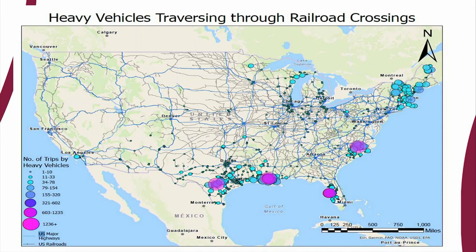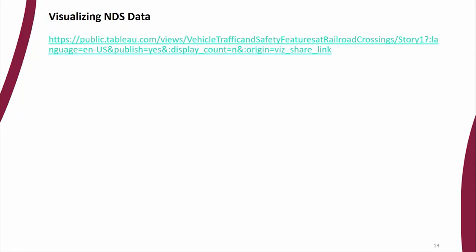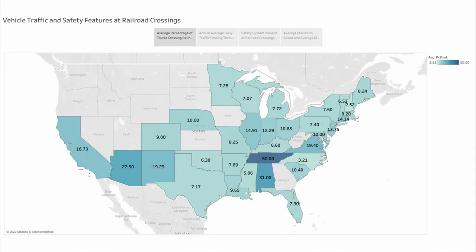So these trucks, for every delivery they have to make or while they're coming back from the delivery, have to cross the railroad. So we were interested in looking at the vehicular traffic, like how many trucks are passing through these railroad crossings per day.